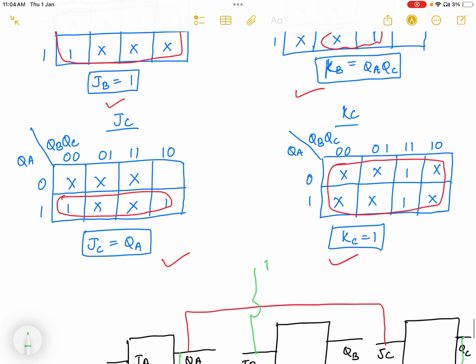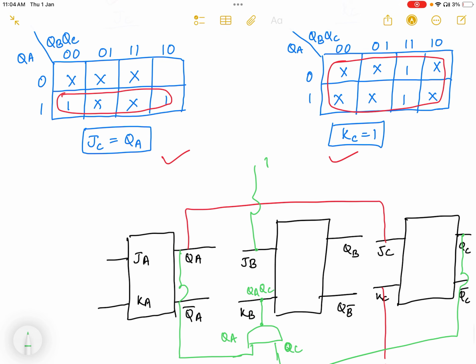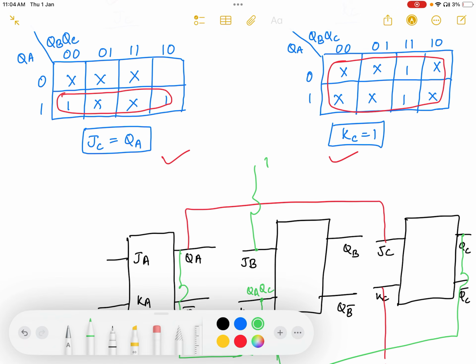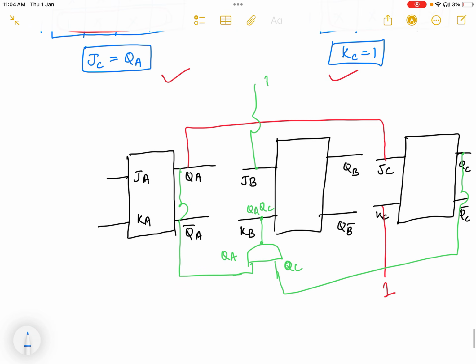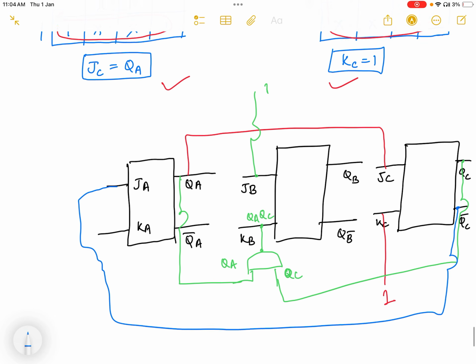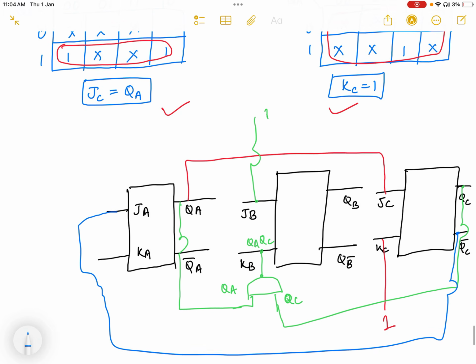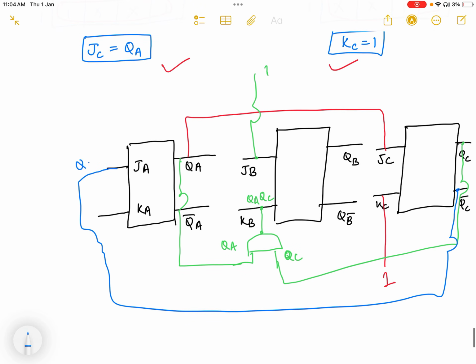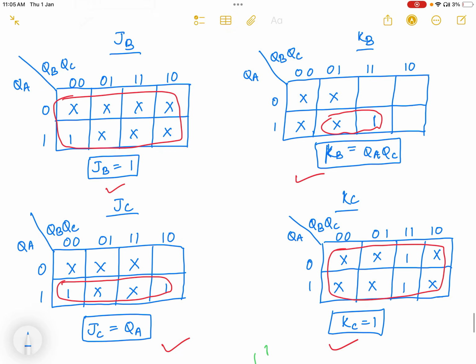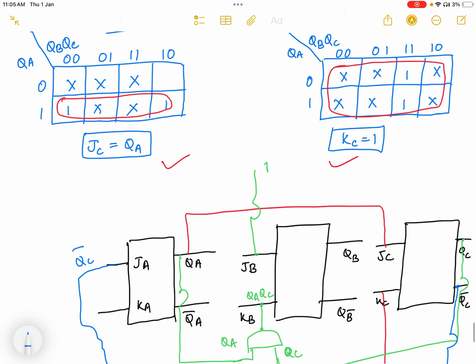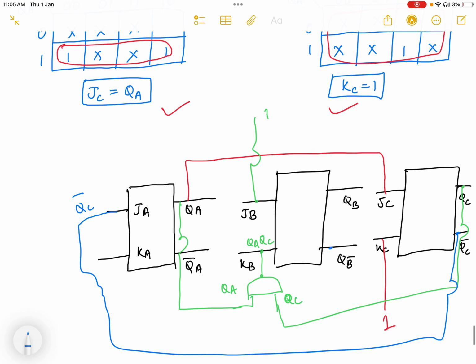Next, JA equal to QC bar, so I take QC bar from here and connect it to JA. Next, KA equal to QB bar, so I connect QB bar here.